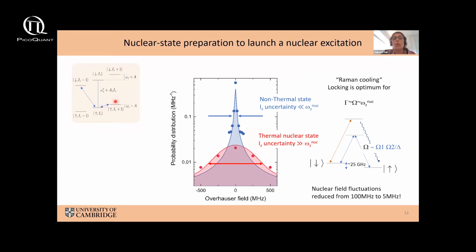So you're not able to resolve the sideband process. To be able to resolve them, you're going to prepare via a technique which is very similar to Raman cooling in atomic systems. You're going to prepare the state in a non-thermal state where you have vastly reduced the uncertainty on Iz down to a few megahertz, which is much smaller than the nuclear Zeeman energy.